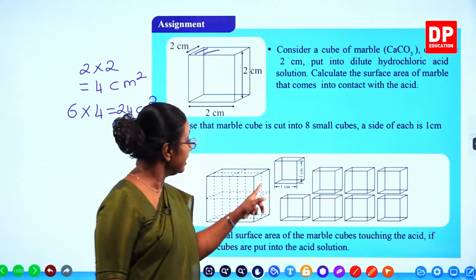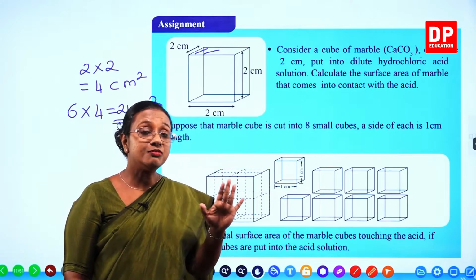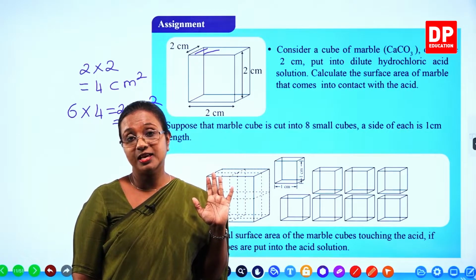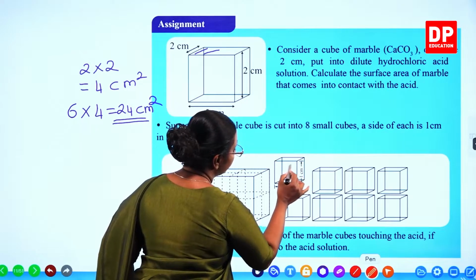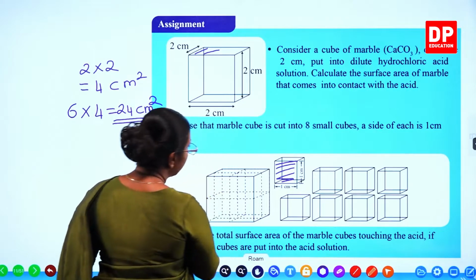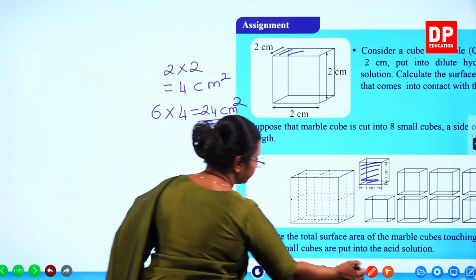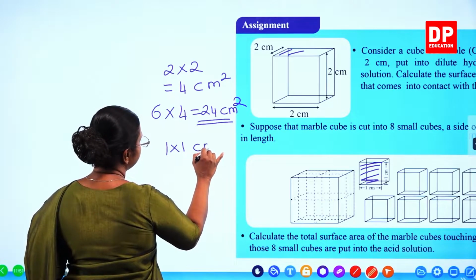Again, each small cube has 6 faces. Each face has a surface area. What is the surface area there? It is going to be 1 centimeter into 1 centimeter, which is 1 centimeter square.